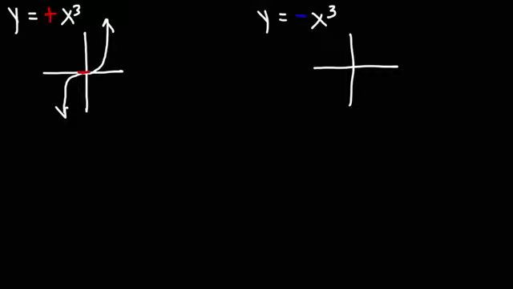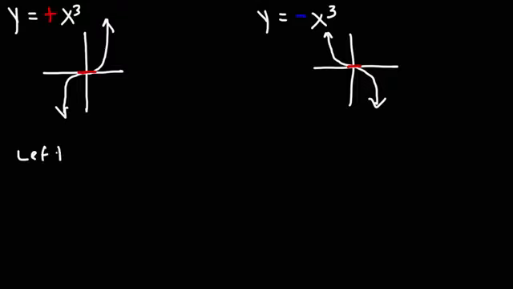So right here, you have like a horizontal tangent. Now for y equals negative x cubed, it reflects about the origin. So it looks like that. And we still have that same horizontal tangent where it touches the x-axis. So go ahead and describe the left and the right end behavior for these two graphs.